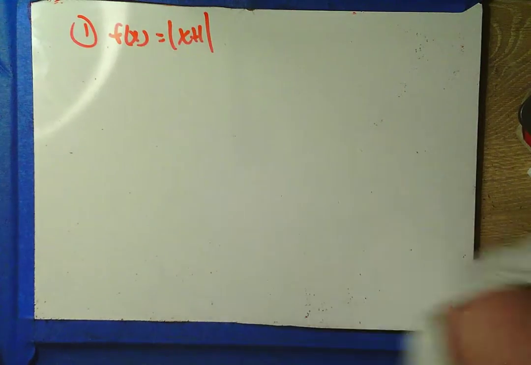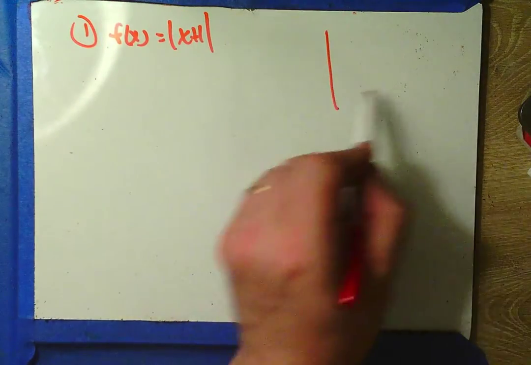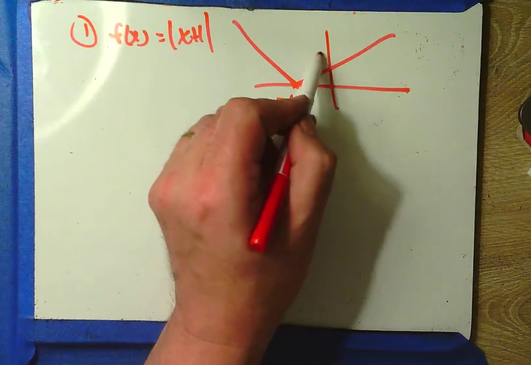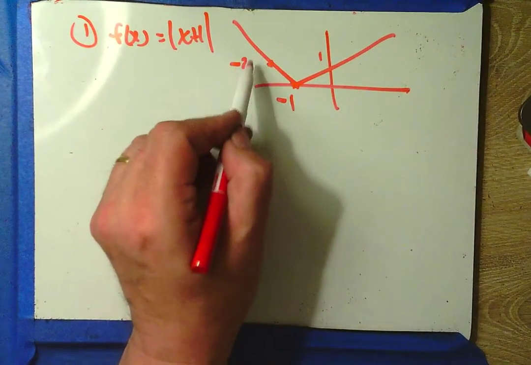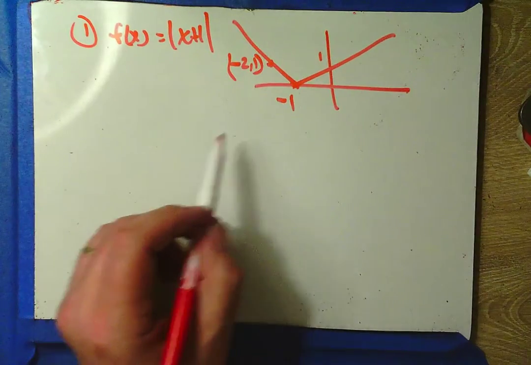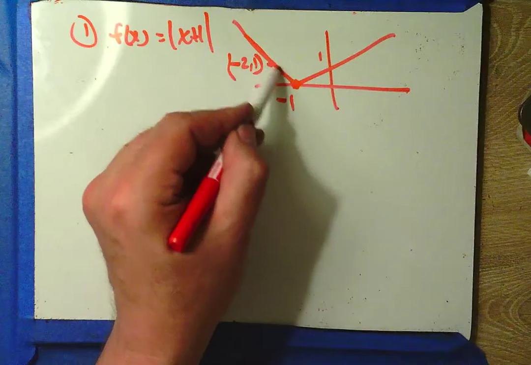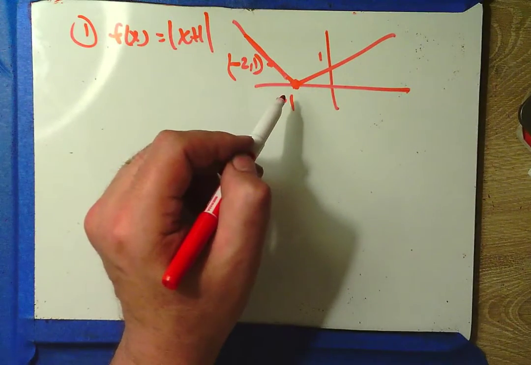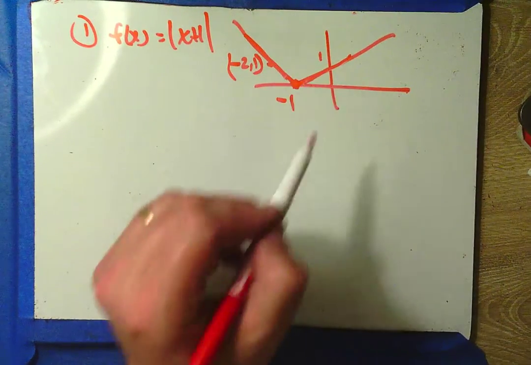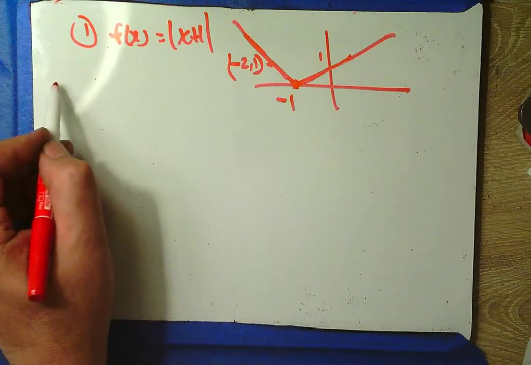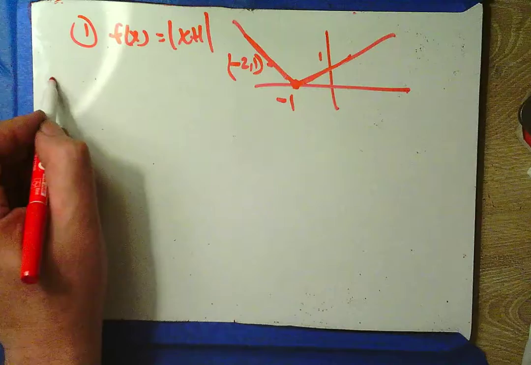F is continuous at -1. Well, we know what this looks like even without a calculator. And yes, this function is continuous at -1. Why? Because f of -1 exists, and the limit as x approaches -1 from the left is equal to the limit as x approaches -1 from the right. In fact, I think it's worth actually writing that out.